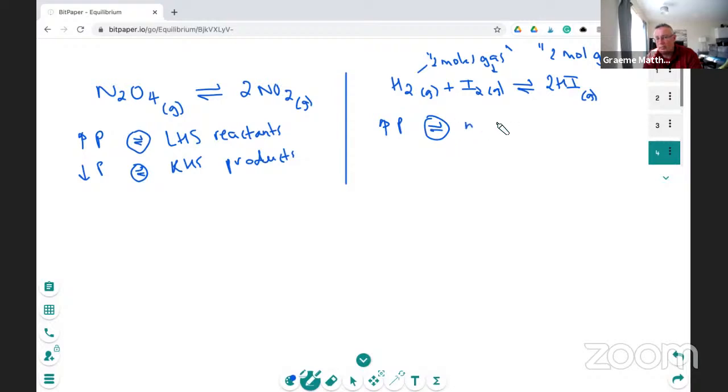Nothing happens. Be careful of this one. This is a classic because they would put this on to see if you really understand equilibrium position. So having said that, chemists, that is Le Chatelier's principle in a nutshell.